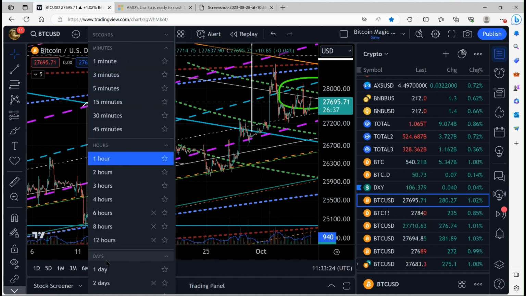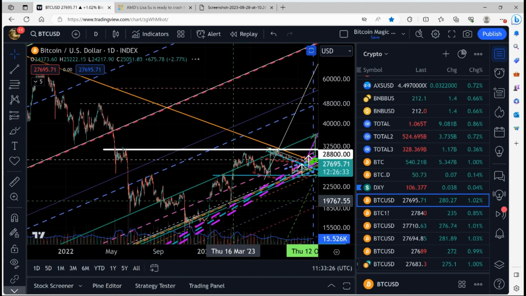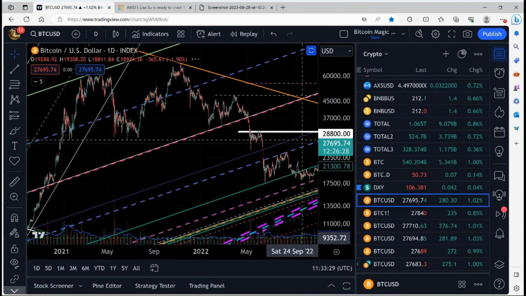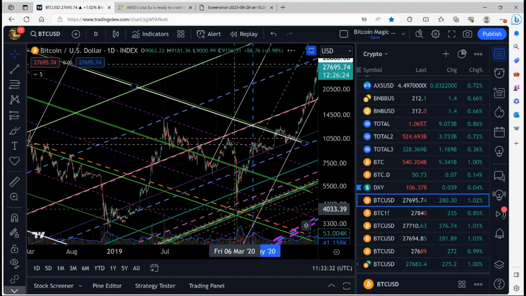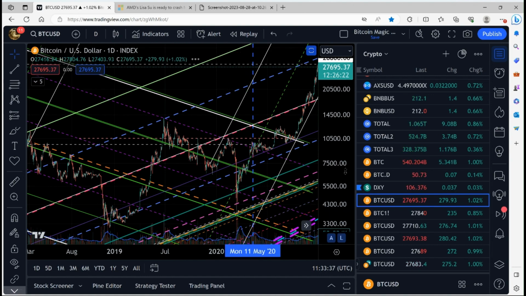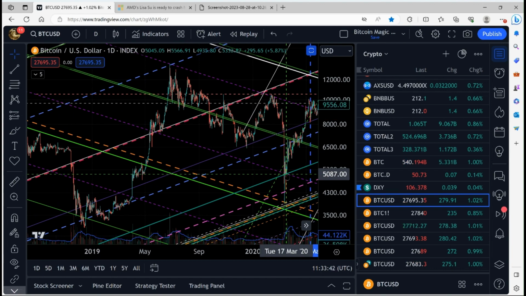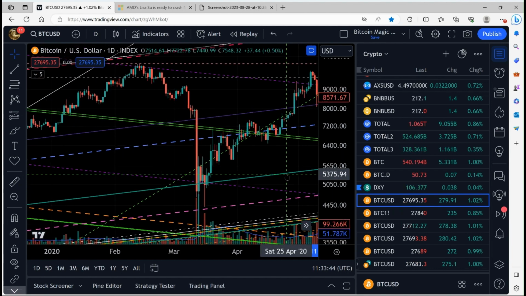Let's move to a daily time frame and see where this white dotted line goes. Remember, it's just right above the major trend line. Well, look, it looks like it goes right here.